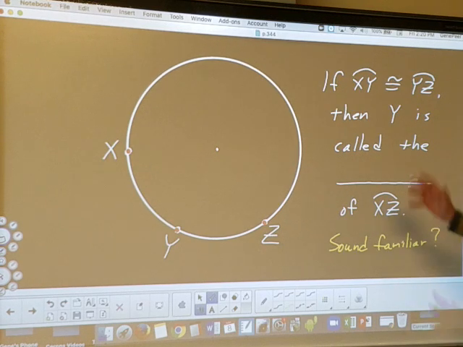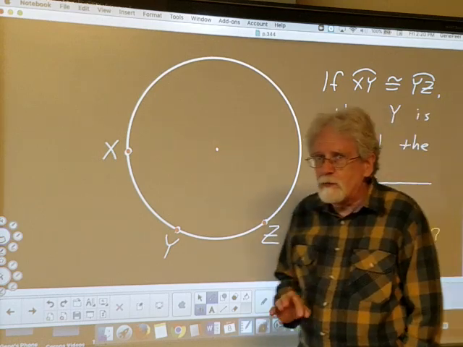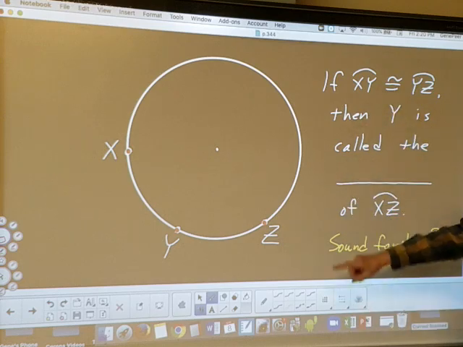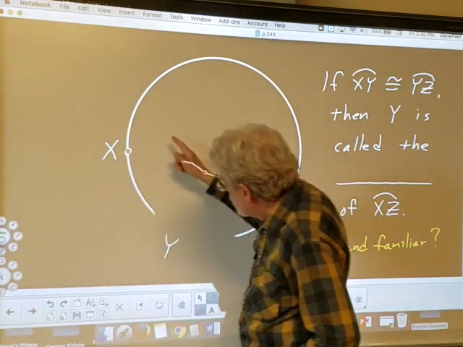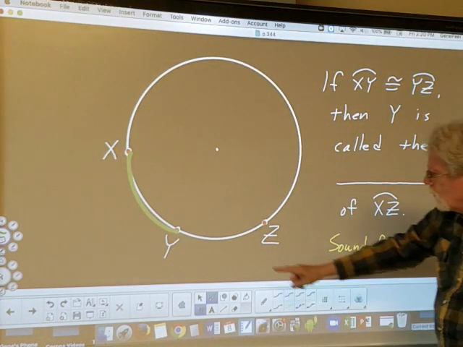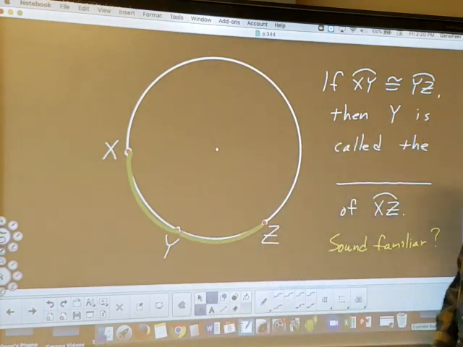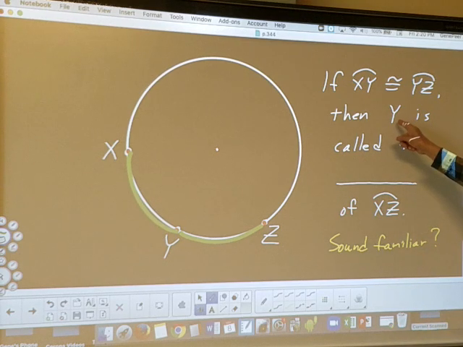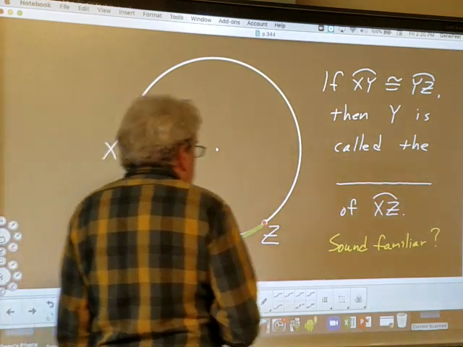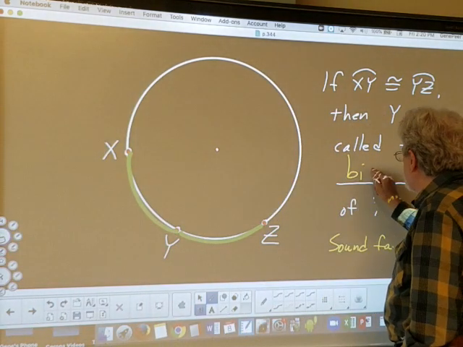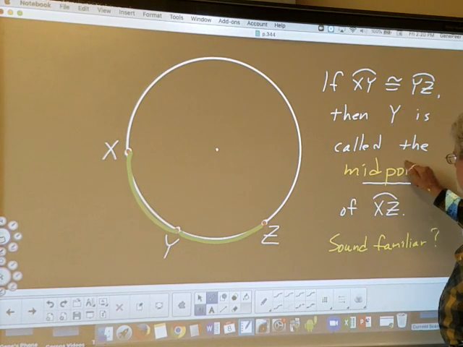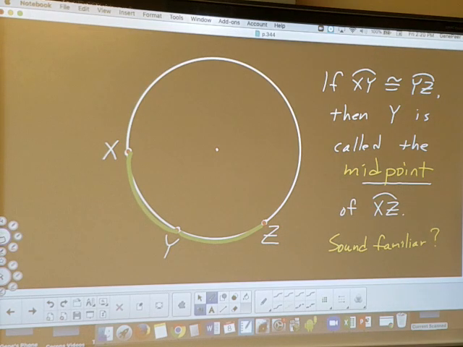Now, another definition. This definition is going to sound very familiar to you. If arc XY happens to be congruent to arc YZ, then point Y is called the, and you can probably guess, the midpoint of arc XZ.